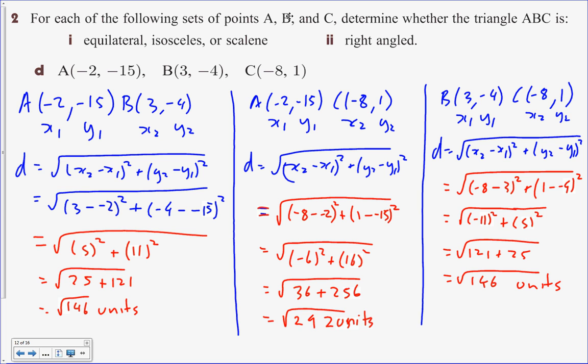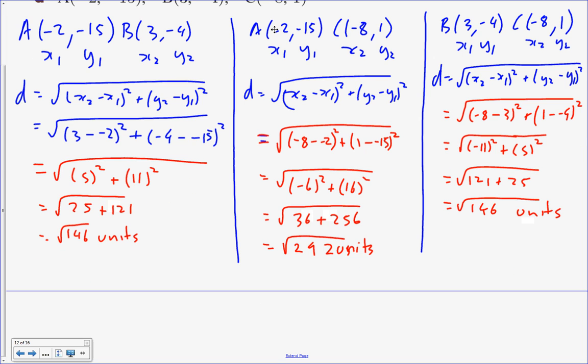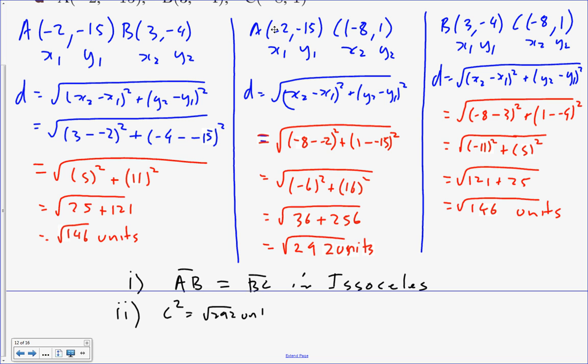So if now we look at those three sides, we notice that AB equals BC, so therefore isosceles, and 2, the longest side, so C squared is going to be 292.